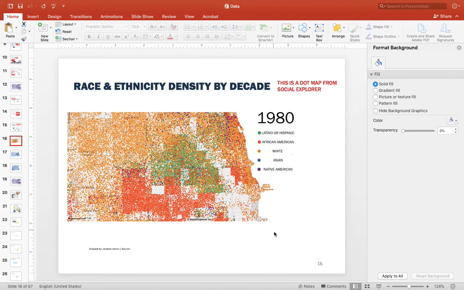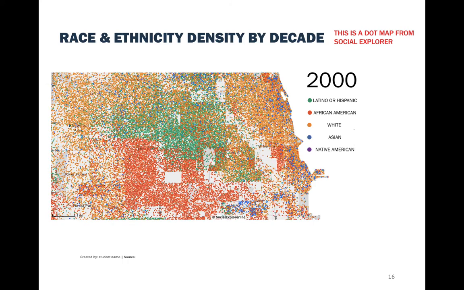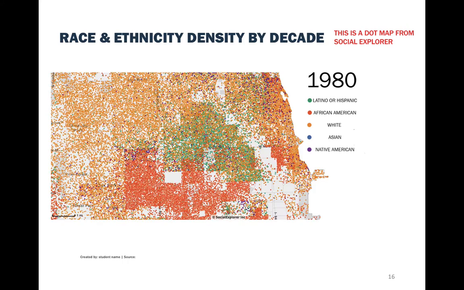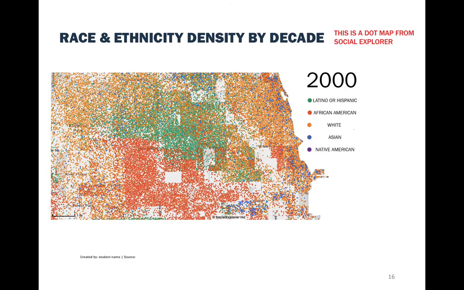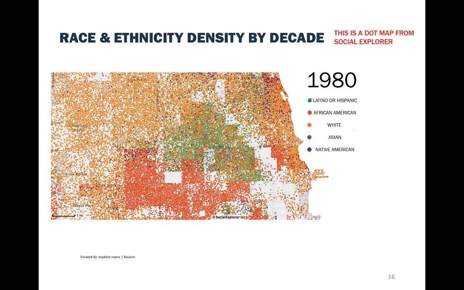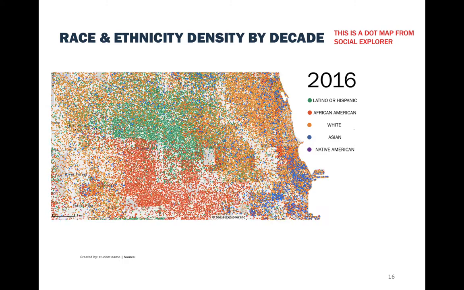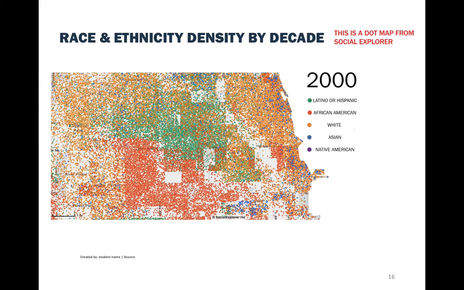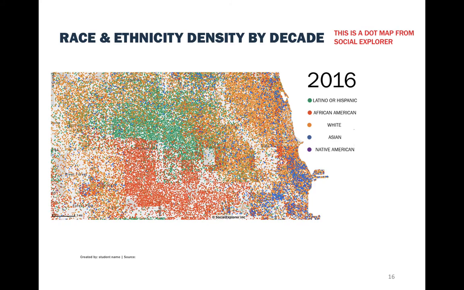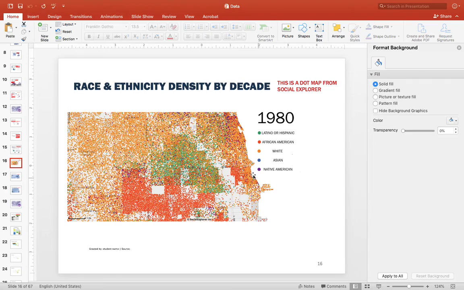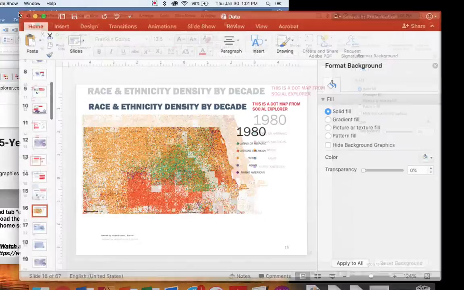So the next one is just to create these very cool slides. It will show the changes by the different decades, and for Latinos, African Americans, white, Asian, and Native American. And this is a dot map from Social Explorer.